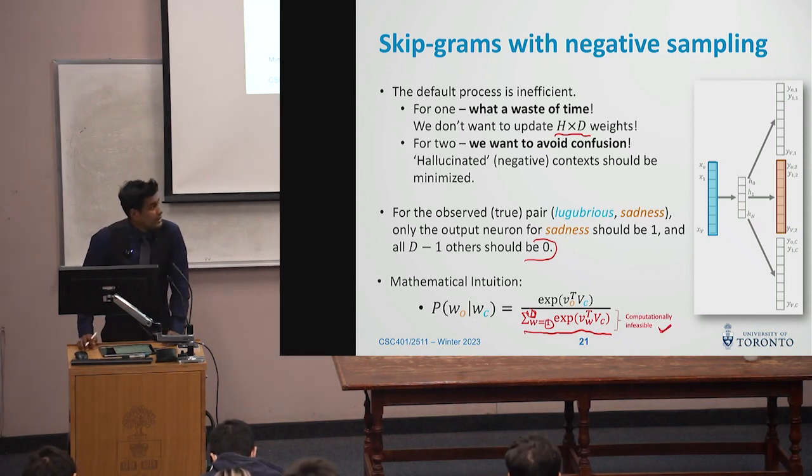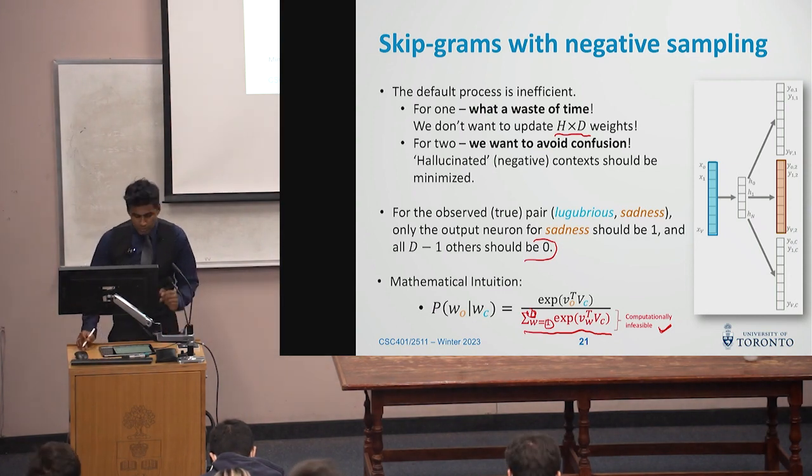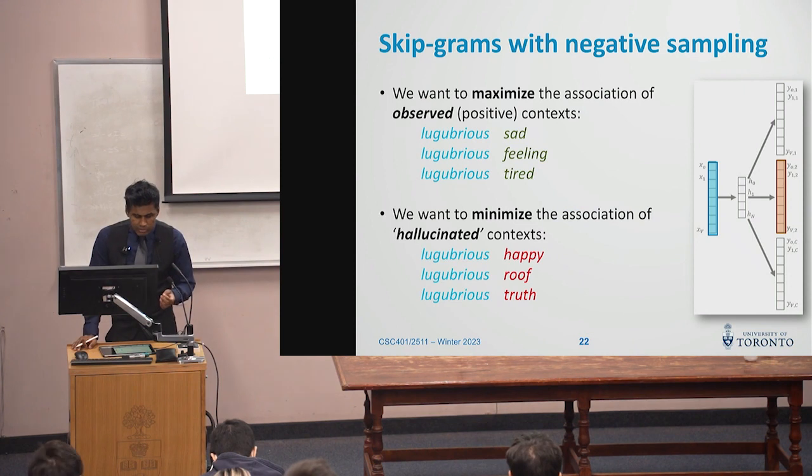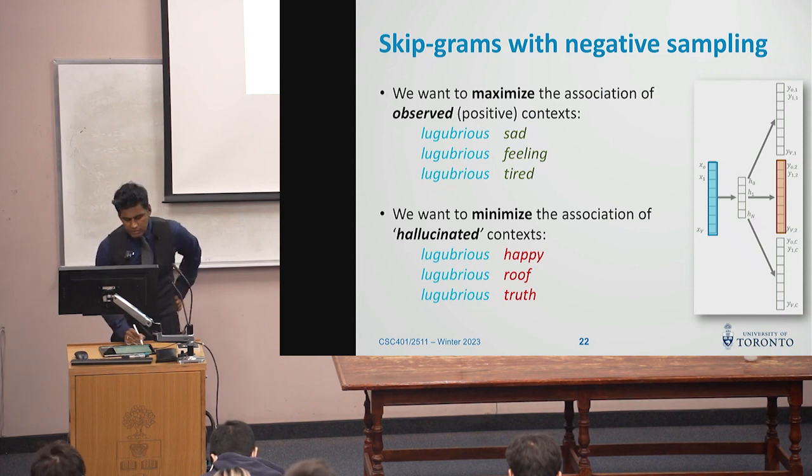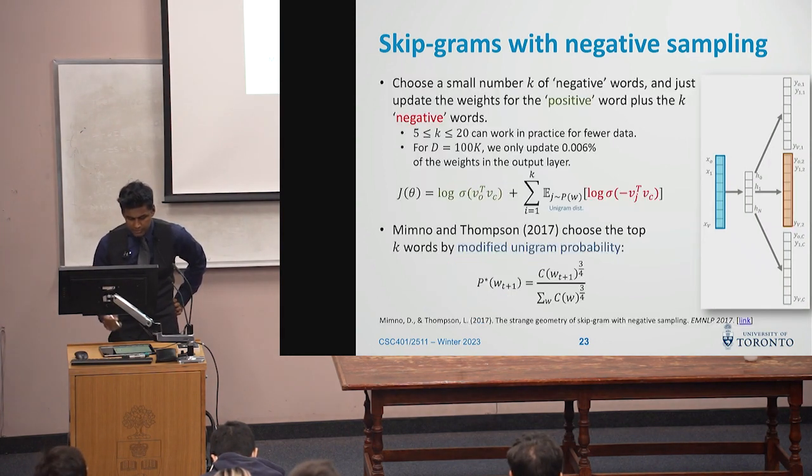The way we do this is by choosing a small number, k, of negative words. And we just update the weights for the positive word and the k negative words. K usually in practice is between 5 to 20. And if you consider a vocabulary size of 100K, we only have to update less than 0.01% of our data pairs.